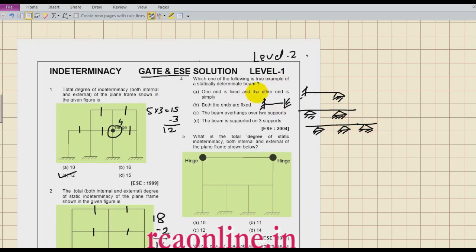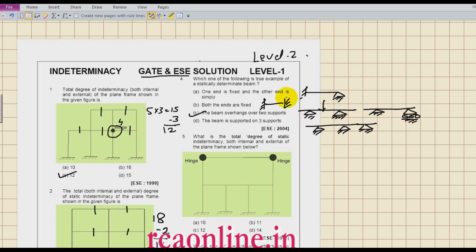This is a unique type of problem in which, if you see, none of the beams is statically determinate. But if you see the observation, what the examiner wants to ask, then the best suited answer is the beam overhang over 2 supports. What the examiner wants to say is that either the loading is vertical, or 2 supports mean 1 hinge and 1 roller.